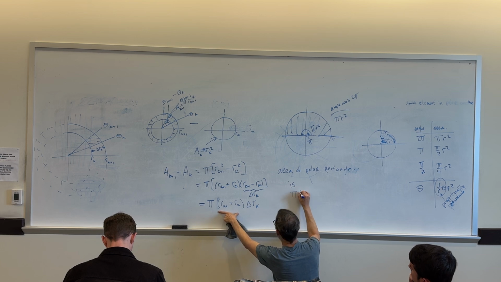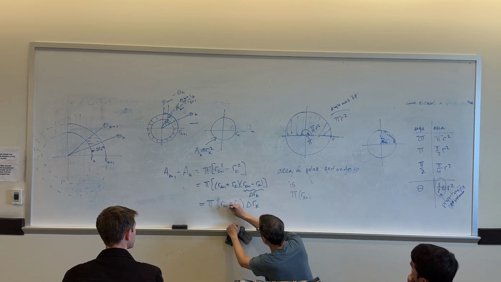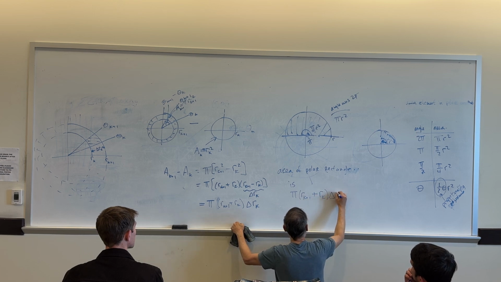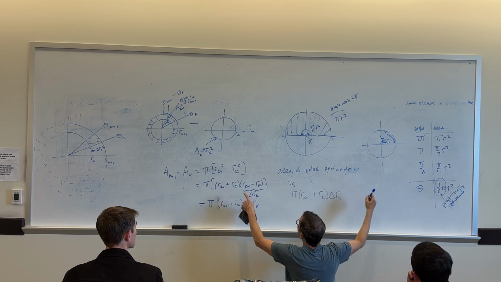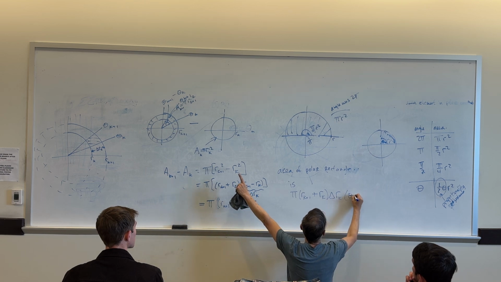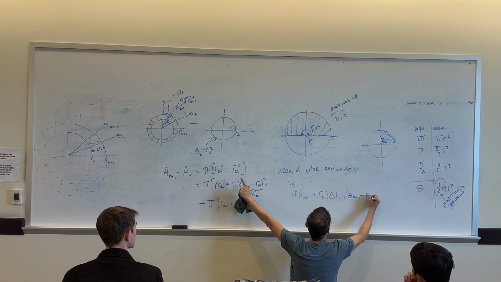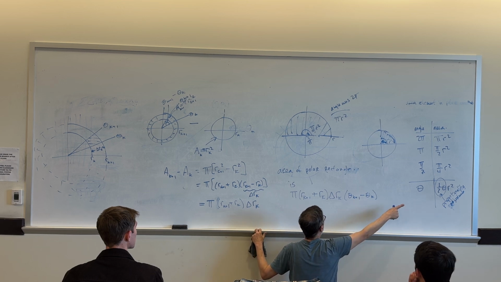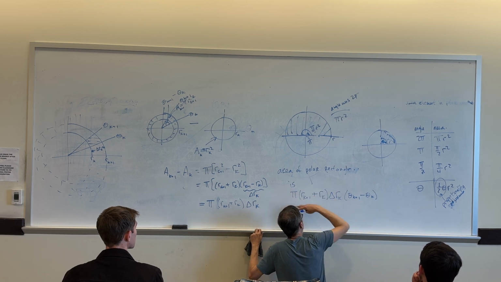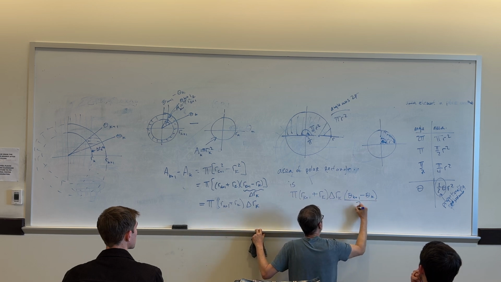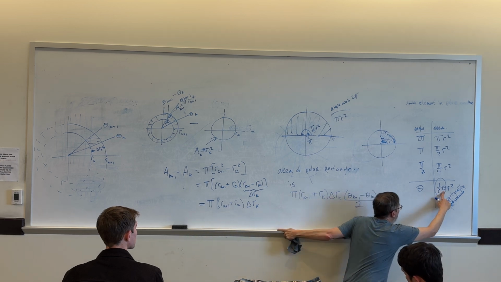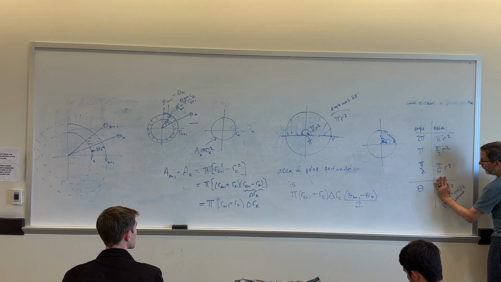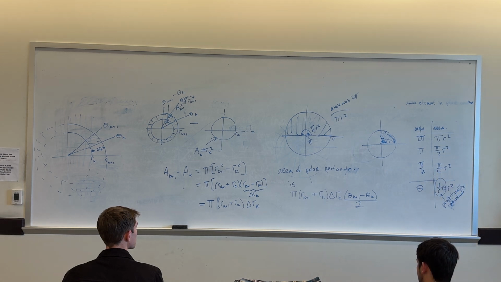So it's going to be pi times r sub k plus 1 plus r sub k, delta r sub k, and then times theta sub k plus 1 minus theta sub k. These are measured in radians. And all I have to do to get the proportion of the whole thing is divide by 2. The angular measurement divided by 2 is the portion of the full area that you would get.